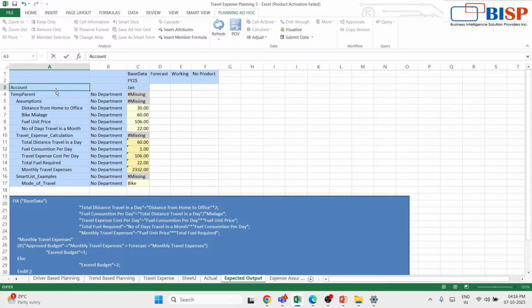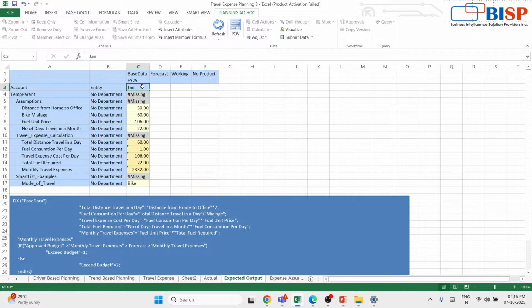These totals are the accounts, part of the account entity. Here these are the entity, actually the entity, no department. Different departments are there, but we have taken no department in the entity.